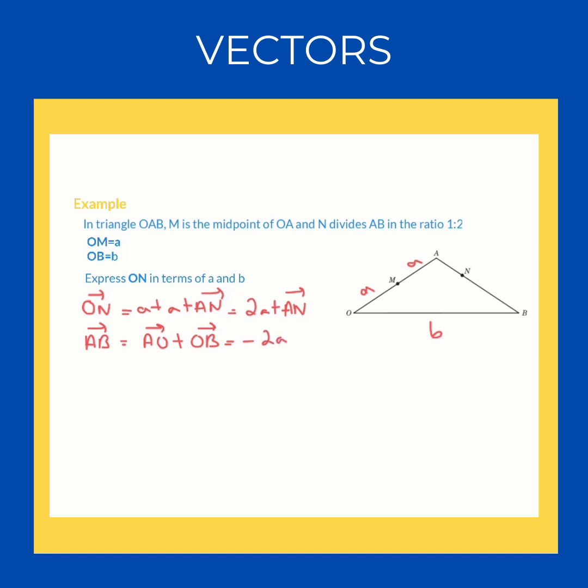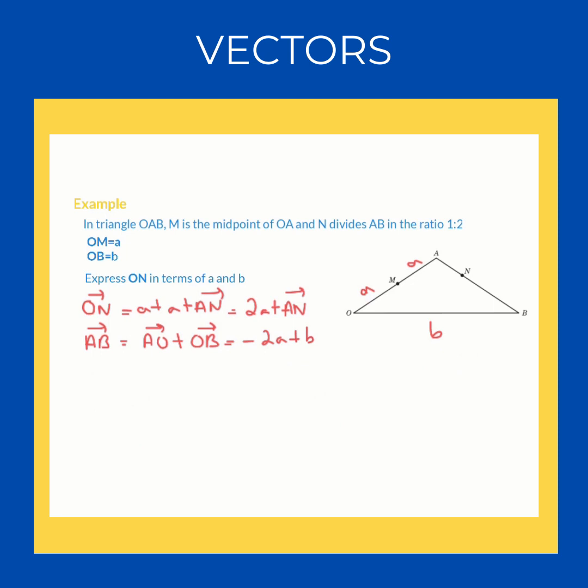Because OM is a and MA is a. For OM, I'm going from O to M, and for MA, I'm going from M to A. However, here I'm going from A to O. So I'm going in the opposite direction. So it is negative a negative a, which is equal to negative 2a, plus OB, which is b.